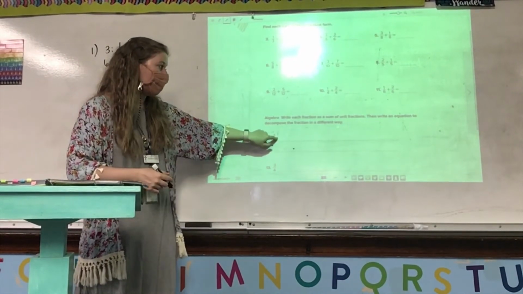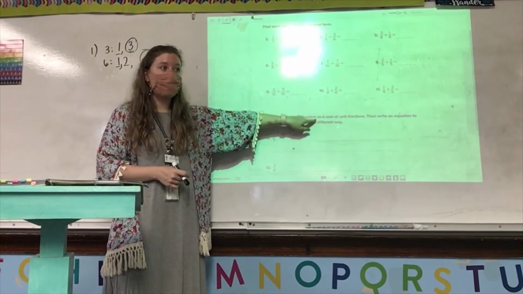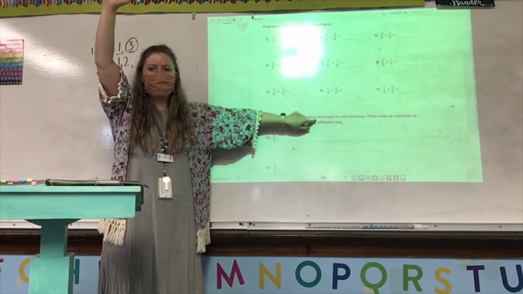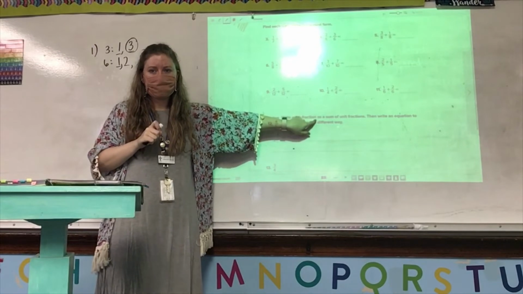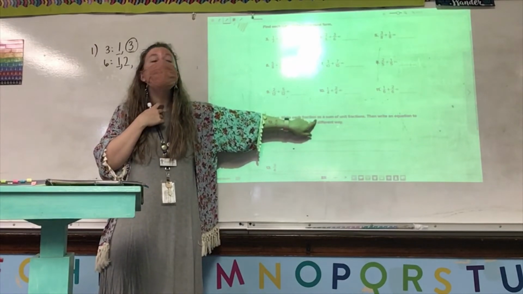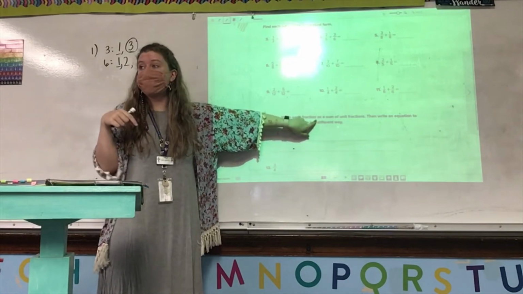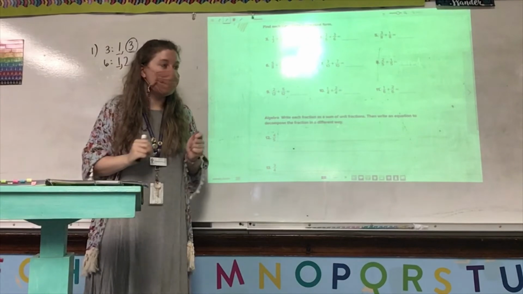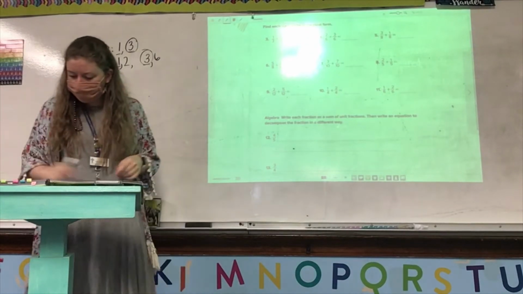First you write the equation with the unit fractions. Remember, unit fractions, what are they? Zari. Unit fractions have a 1 as the numerator. Unit fractions have a numerator of 1. Then you write one other way to get that answer. Look at the back.